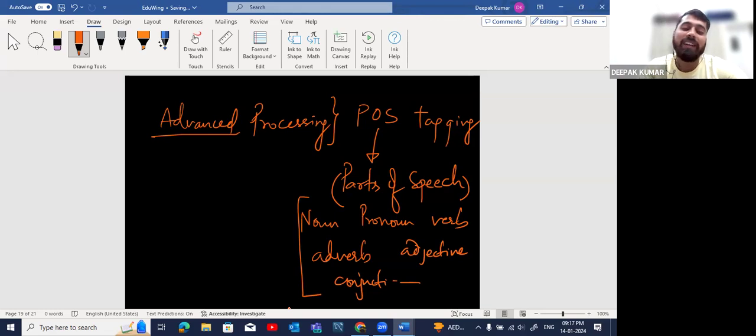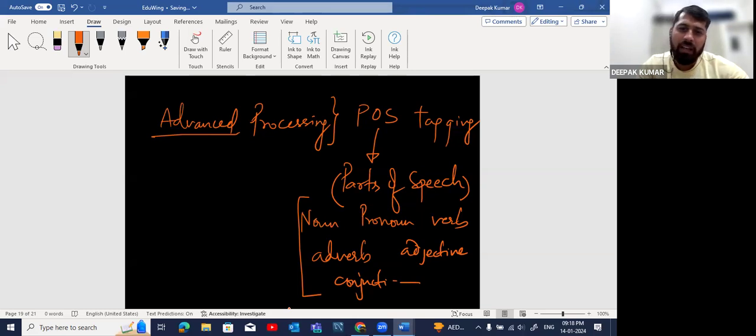Noun is said to be the name of a person, place, or a thing. Your processing should be able to identify that this is a noun, and that this is an adjective. Like, Ram is going is a normal sentence.